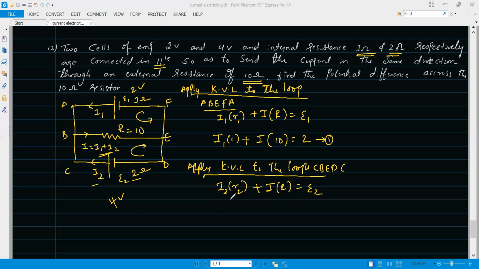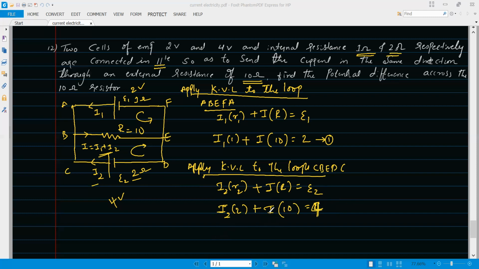So this is I2 into 2, plus I into 10, is equal to E2. E2 was 4 volt, so this is 4.